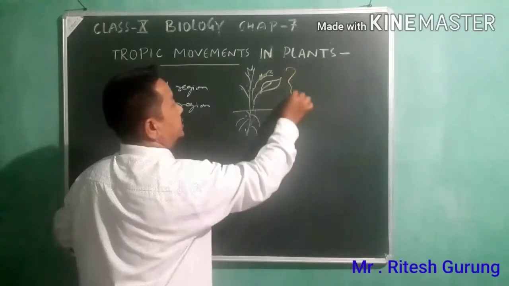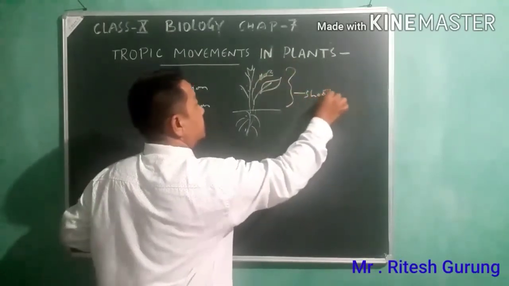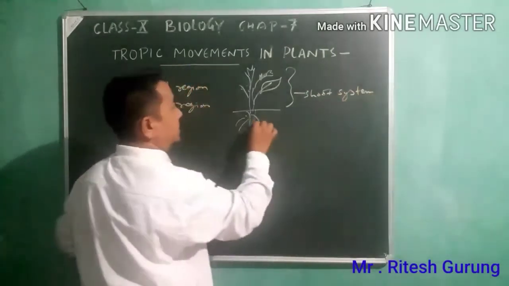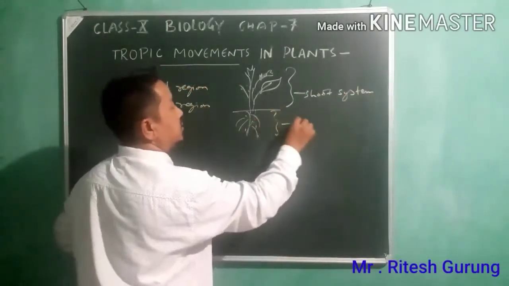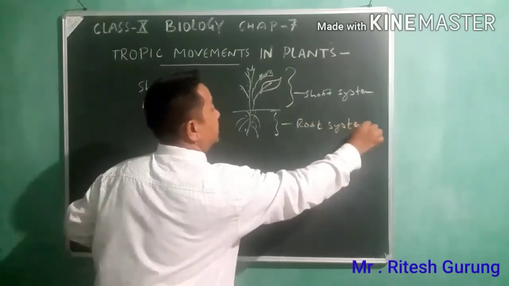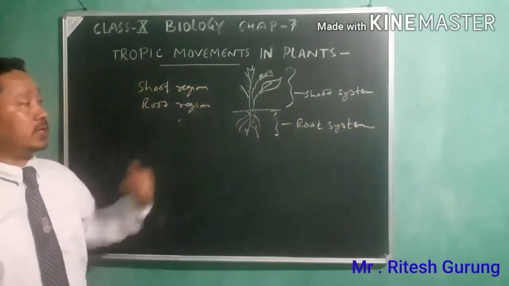So this region is the shoot region, or you can say shoot system, and this region is called the root system. They have got two systems, the shoot system and the root system.